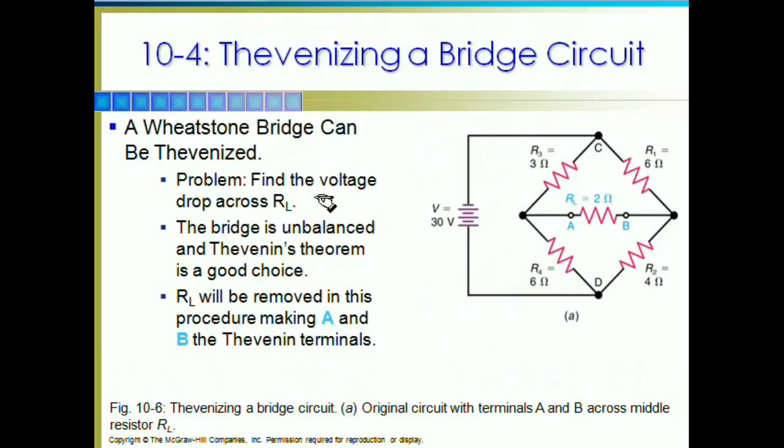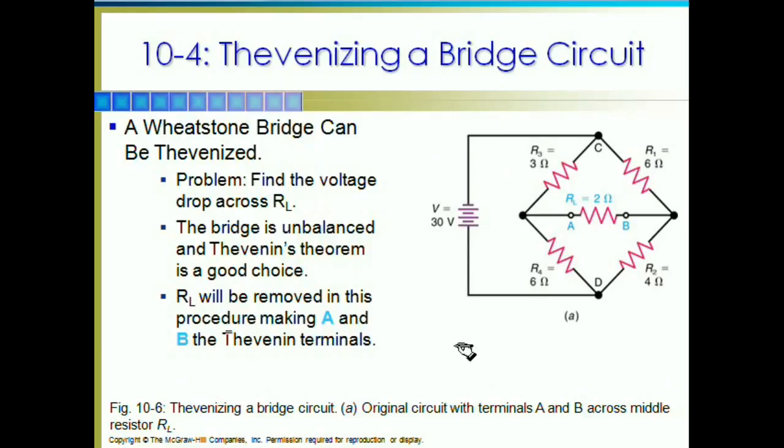We come back to our old friend, the Wheatstone Bridge. Well, the Wheatstone Bridge, if we look closely, is nothing more than two parallel series branches joined in the middle, in this case, by a 2 ohm resistor.